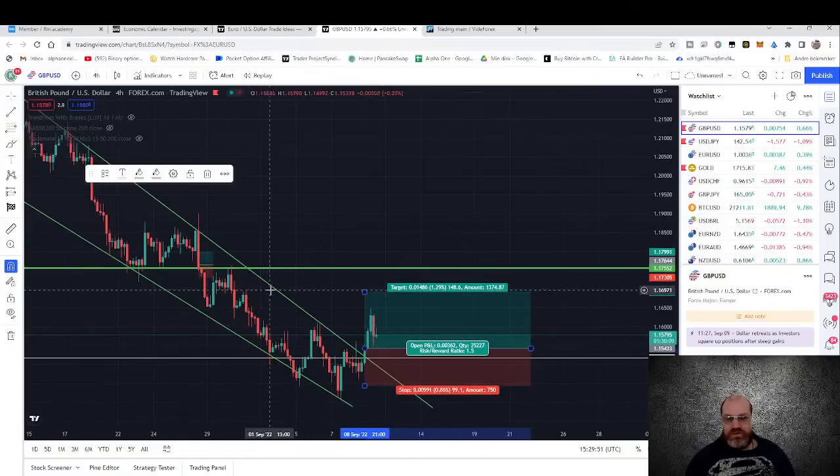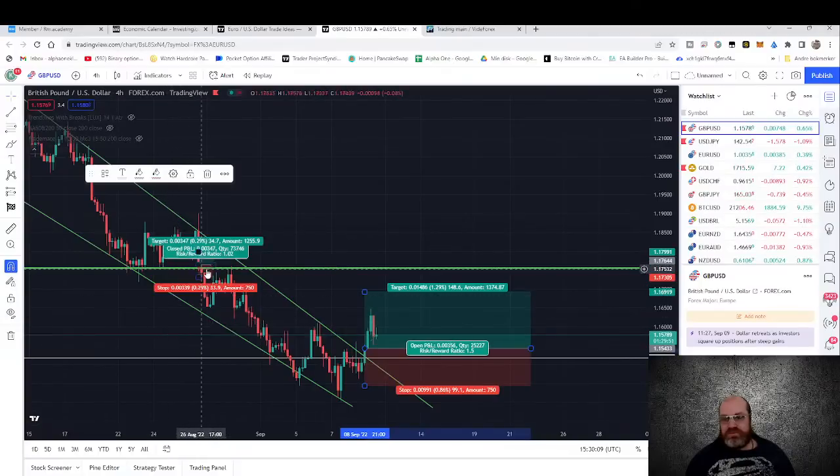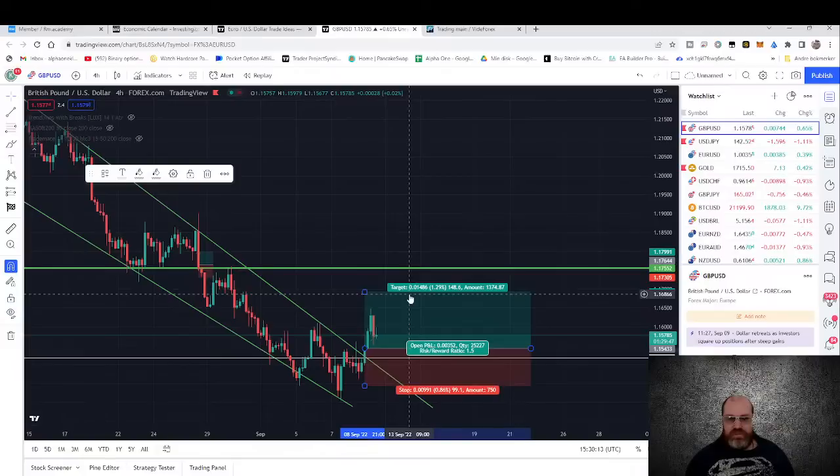Now with that said, we have our area here. Now in here that we did touch, you see, that is also resistance, but we will always have a few areas that are hitting more often than not. But this one is the stronger one, so I think we should hit this take profit if you are taking this trade.